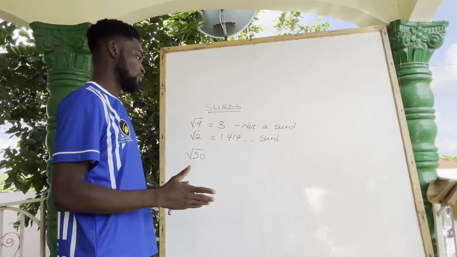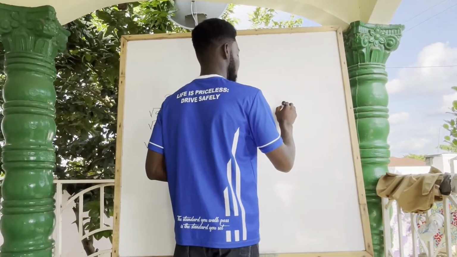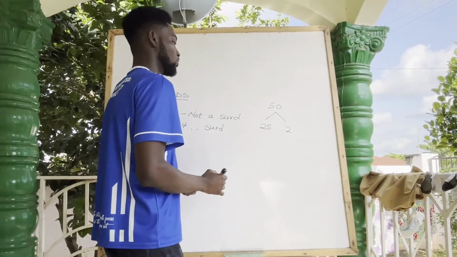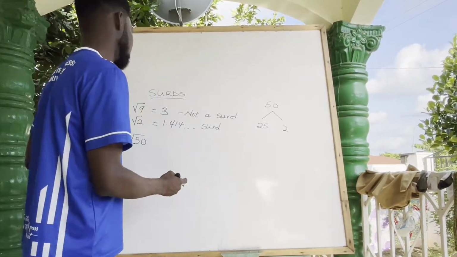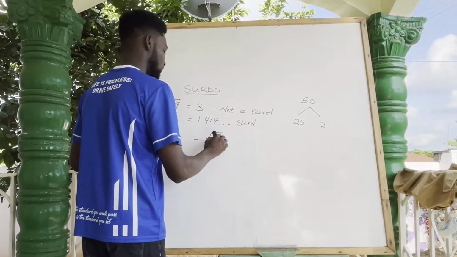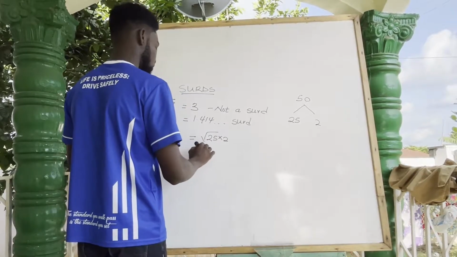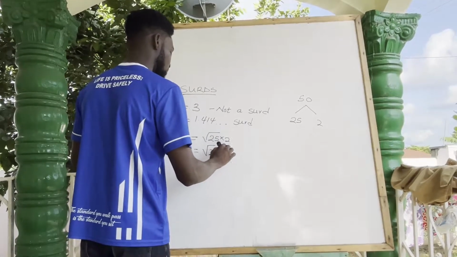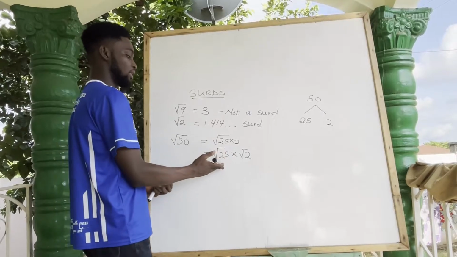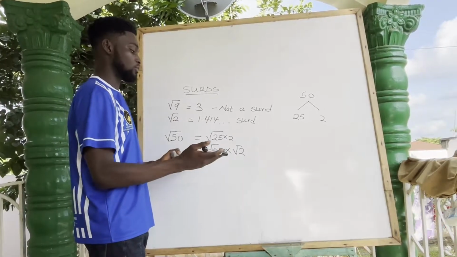And we know if we should use the factor tree, 50 is supposed to give us 25 and 2. So 25 and 2 multiplied will give us the 50 we are looking for. So this, for instance, will give us root of 25 multiplied by 2, which is the same as root 25 multiplied by root 2, because when we were studying the laws, we said root a multiplied by root b will be the same as a and b multiplying each other all under the same root sign.